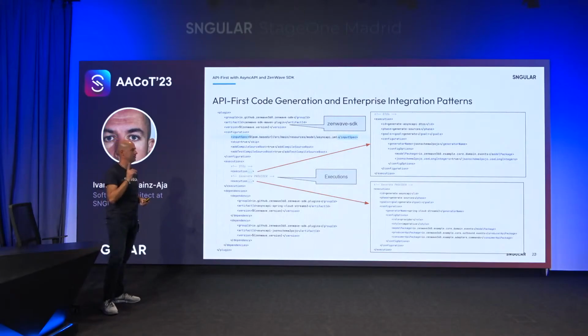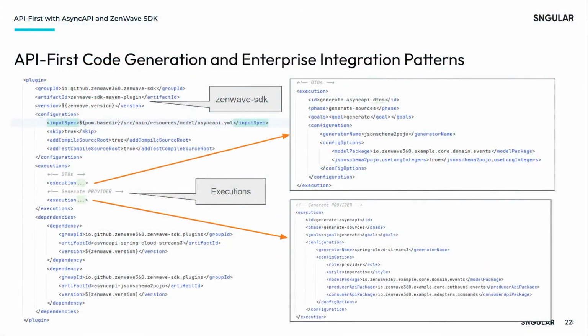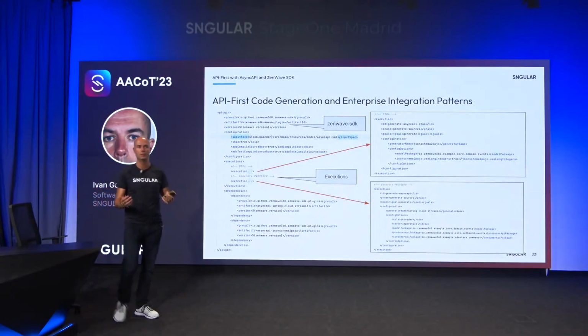But there is one thing that I want to bring attention to, and it's here in the dependencies section. There are two Java dependencies, which are just Maven jars. One is AsyncAPI Spring Cloud Streams 3, which is a generator for ZenWave.